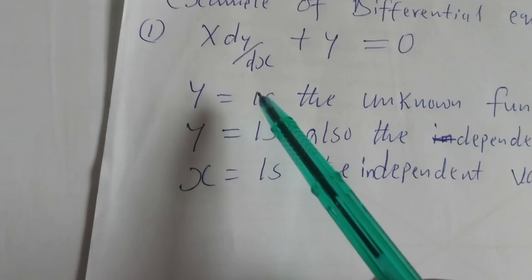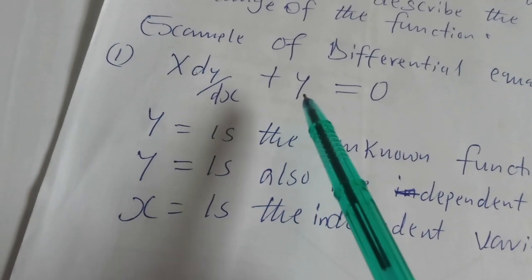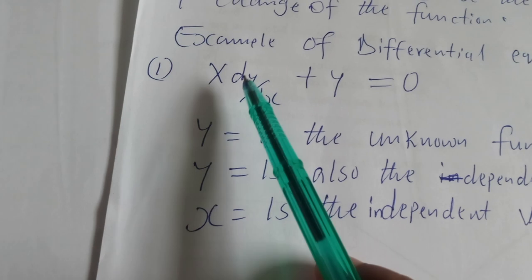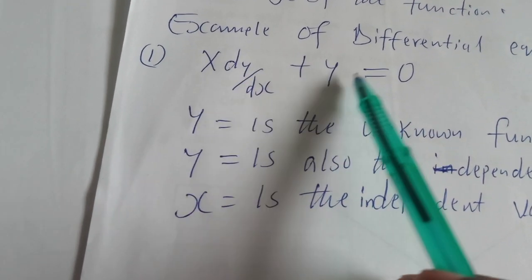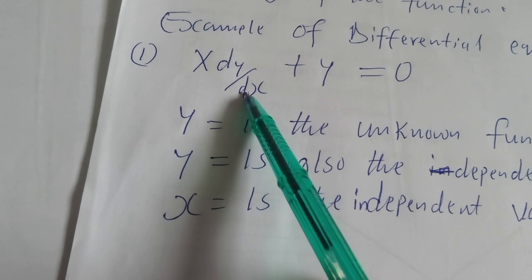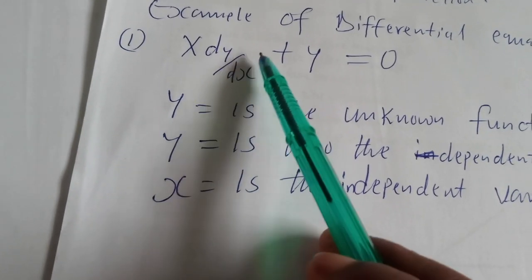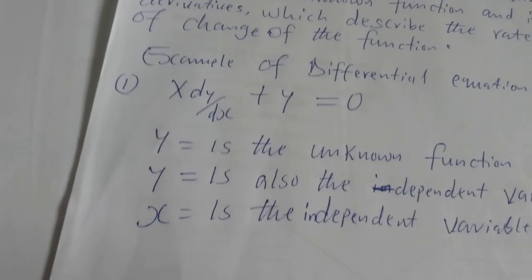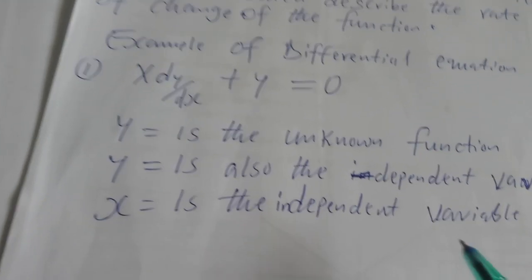Why do we say that y is a dependent variable? Because in this case, x is the independent variable, since the derivative is with respect to x. That's why x is the independent variable. We'll talk about the difference between dependent and independent variables in the next video.